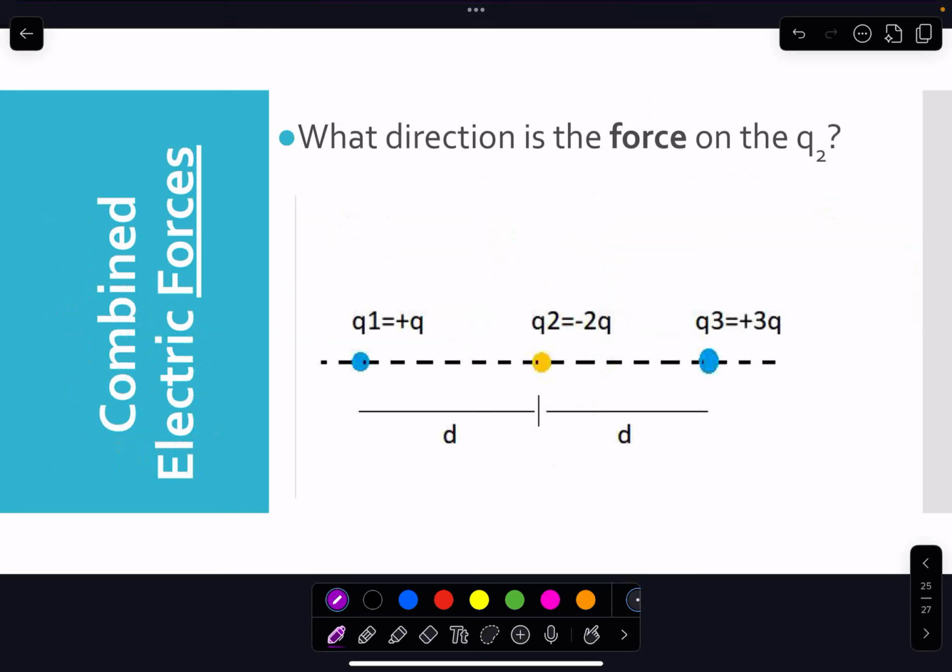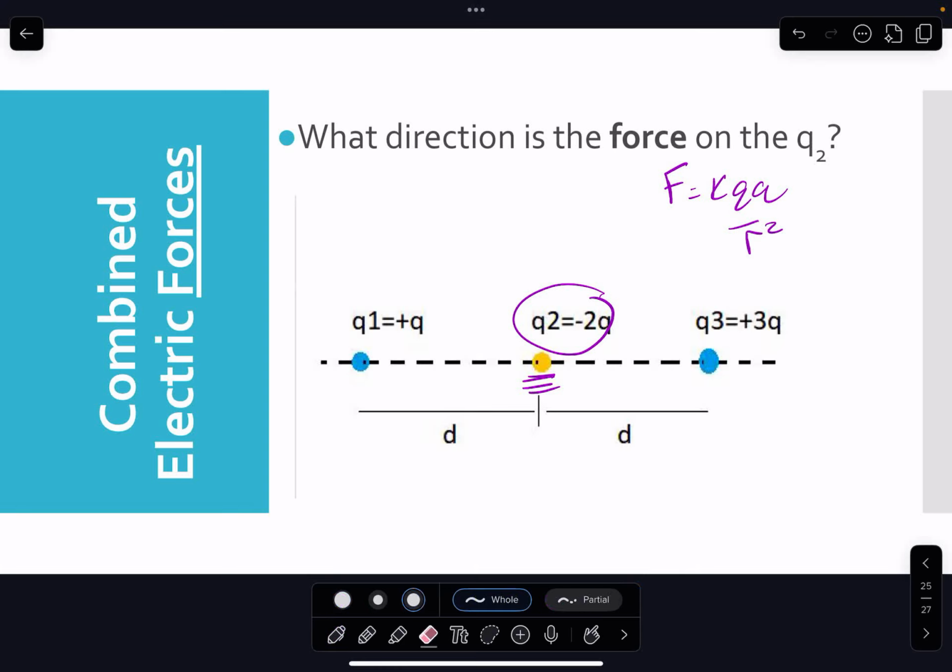Now, forces, we can do the same thing. The difference is, notice my yellow dot here is now a charge. We can actually find the force using kQ1Q2 over r squared, but the idea is the same. The only added trick is you have to pay attention to the quantity of the charge.